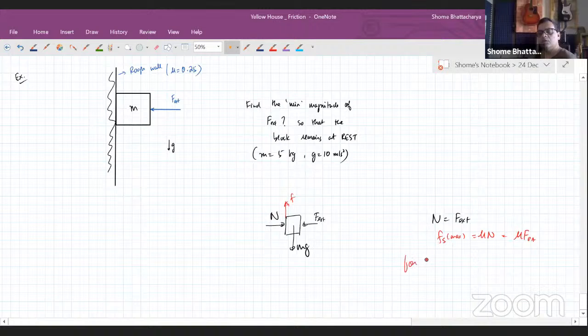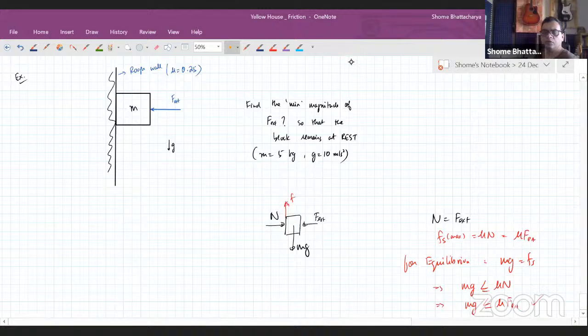So for equilibrium, the condition is that mg should be balanced by static friction. So that means mg should be less than or equal to mu n. So that means mg should be less than or equal to mu into external force. So this is the equation we need to solve.